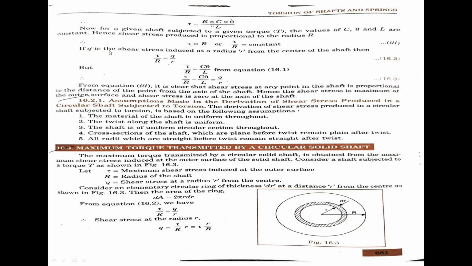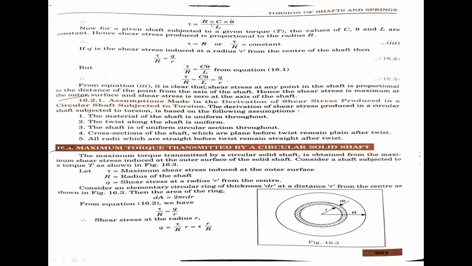If small q is the shear stress induced at a radius small r from the center of the shaft, then tau by capital R equal to q by small r. But tau by R equal to C theta by L from equation 16.1.